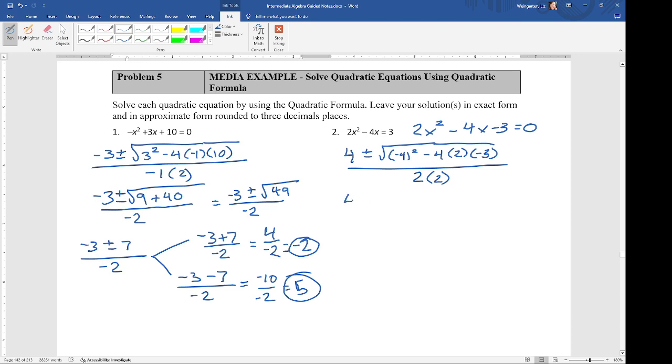So I have 4 plus or minus the square root of 16 plus 4 times 2 is 8 times 3 is 24, all over 4. 4 plus or minus the square root of 40 over 4.